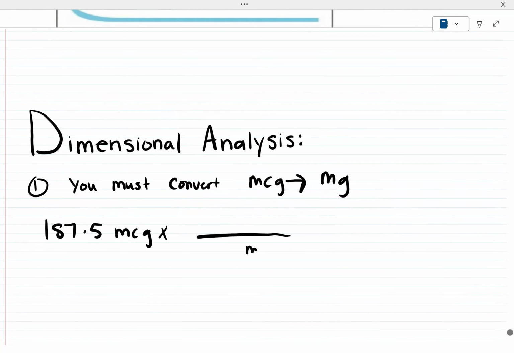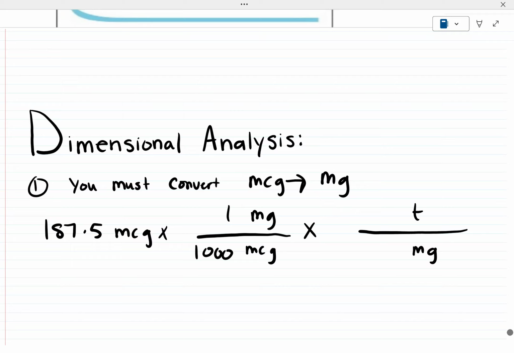So we put mcg on the bottom and then mg on the top. So for 1 mg, there's 1,000 mcg. Oh, we could just do it all in one step. And then you could put mg on the bottom because we want our final units in tablets, right? We want to know how many tablets. And you could put tablet on the top.